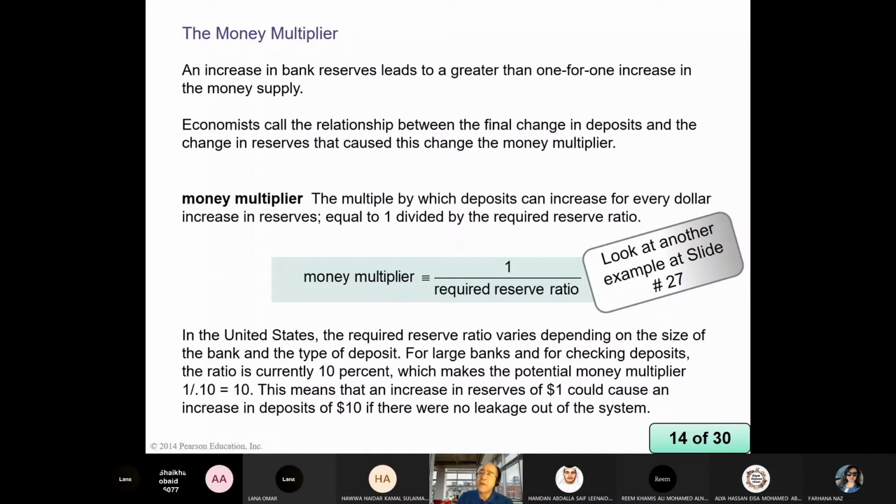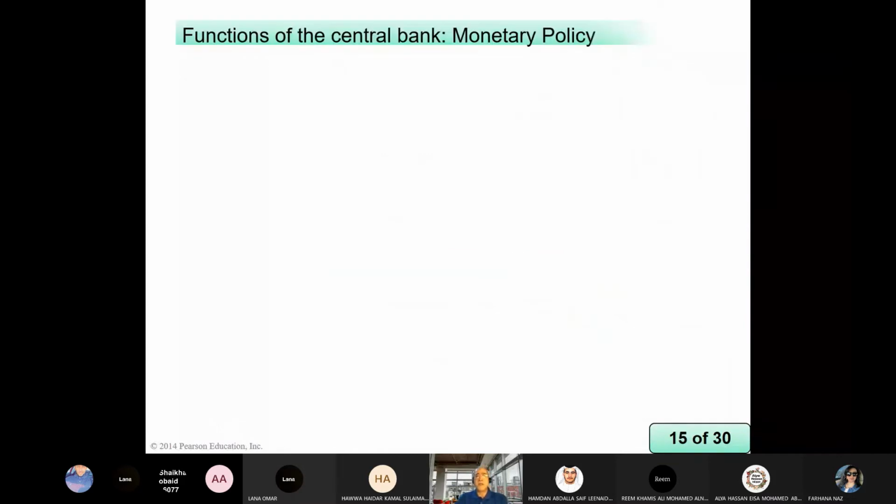Deposits are part of money supply. What is money supply? Equals cash held by general public plus current account or demand deposits. So when commercial banks give loans and loans go as new deposits, the money supply will increase.